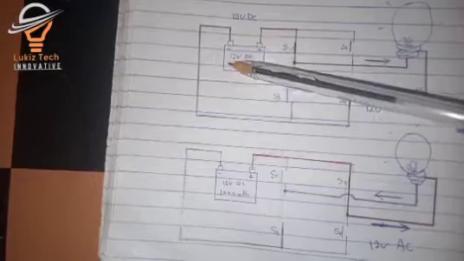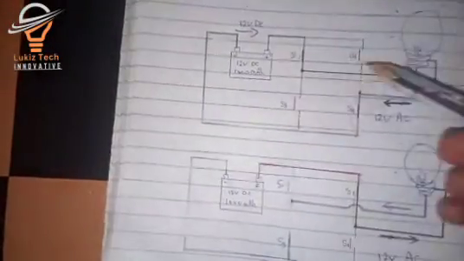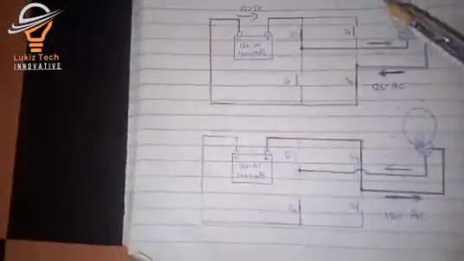Because switch 2 is open, it can't pass there. It will only pass through this place and then go back to the negative of the battery. So when this place is positive voltage, this place is negative voltage.